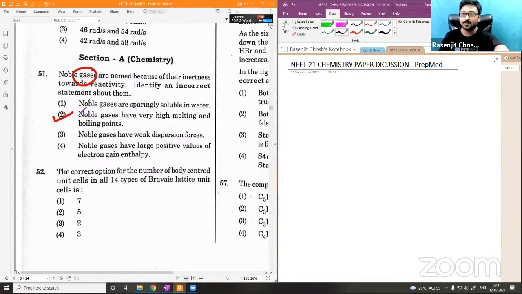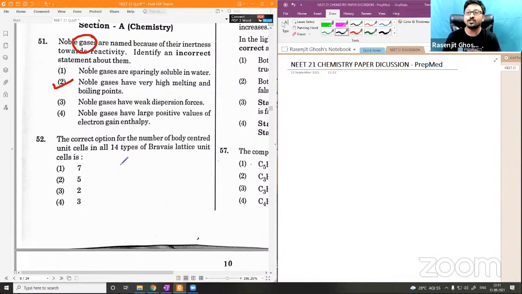Noble gases have weak London dispersion force. Noble gases have large positive values of electron gain enthalpy due to the full-filled configurations, and they are sparingly soluble in water, because we know the KH value of argon in water shows that it is less soluble, but sparingly soluble in water.